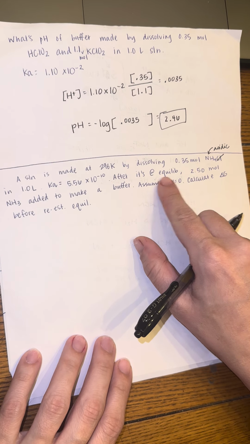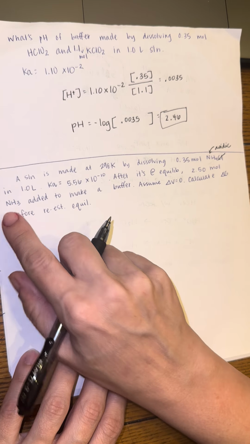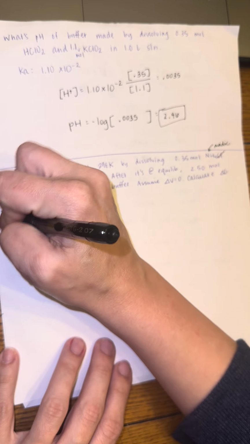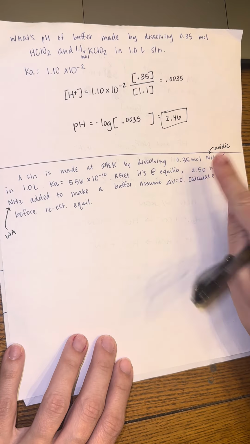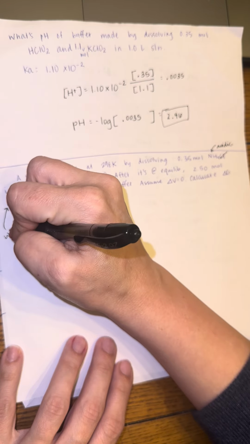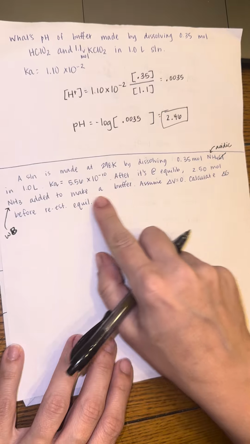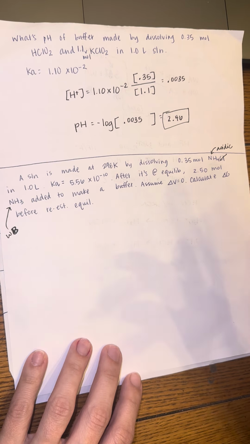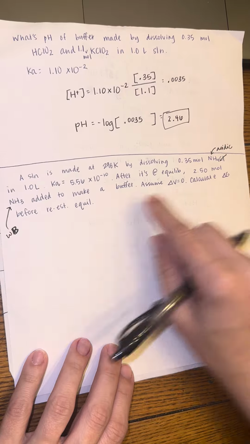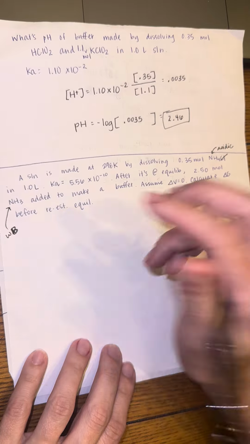After it's at equilibrium, 2.5 moles of NH3 is added to make a buffer. Because look, that's a weak base, and they're conjugates of each other, all right? Weak acid, weak base. Assume the change in volume is 0, because that way we can assume our molarities don't change. And what is delta G before we can reestablish equilibrium?